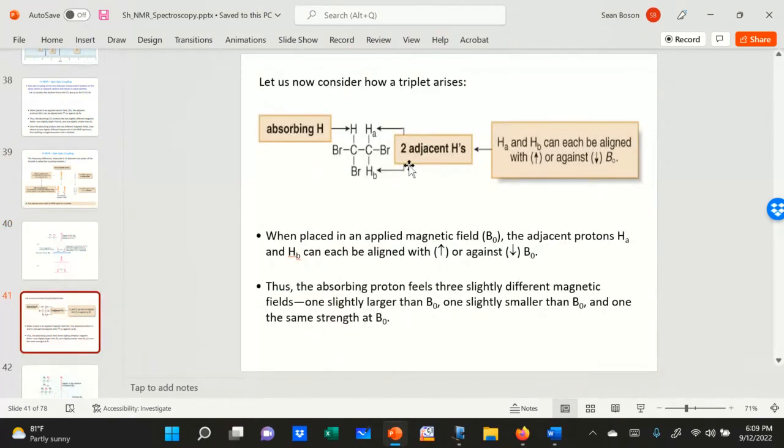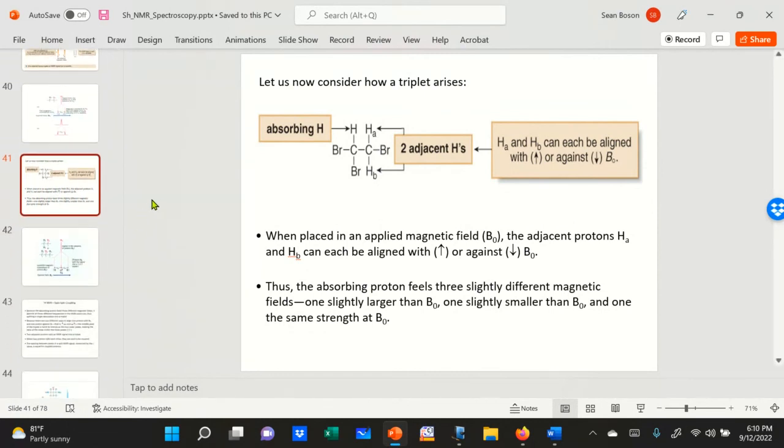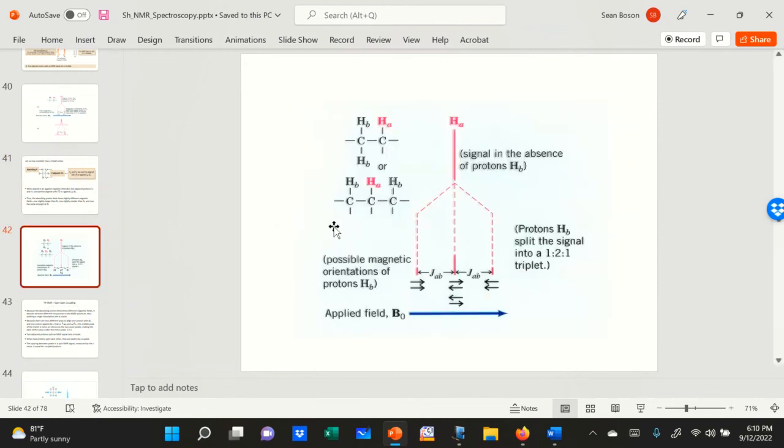If you have two neighbors, here is the situation. Two neighboring protons can orient both aligned along or both against, or one aligned and one against.